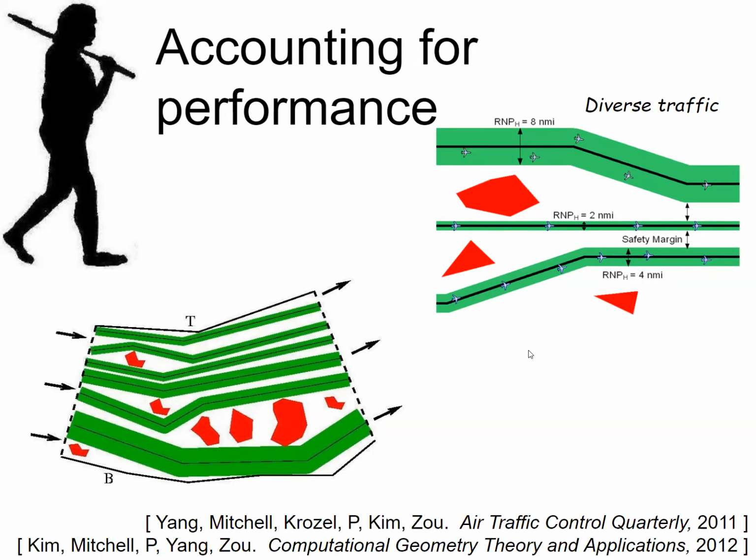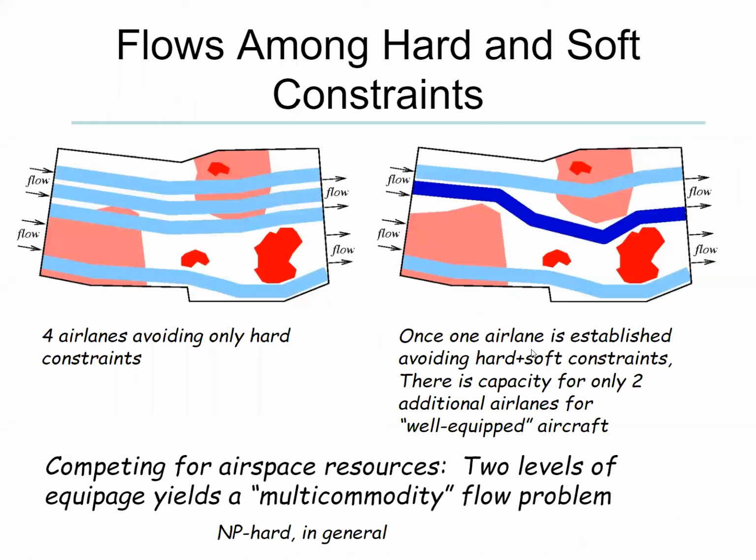And the differences could be, as just described, in terms of the thickness of the air lane. We could also think that different kinds of obstacles may or may not be hazardous for different kinds of aircraft. For instance, larger aircraft could go through weather cells through which smaller aircraft wouldn't go.